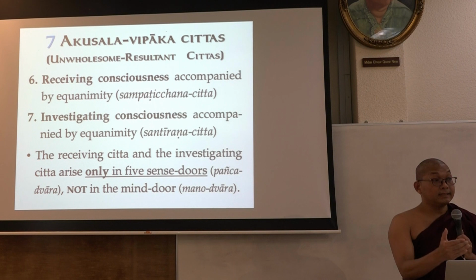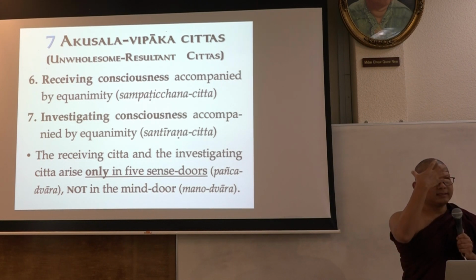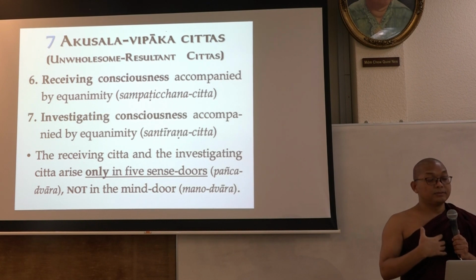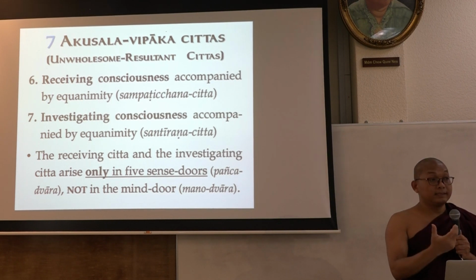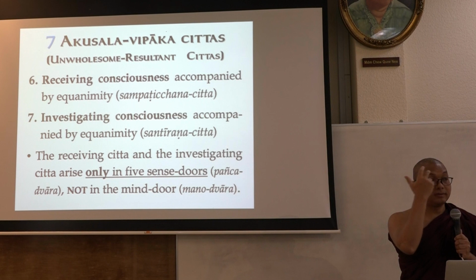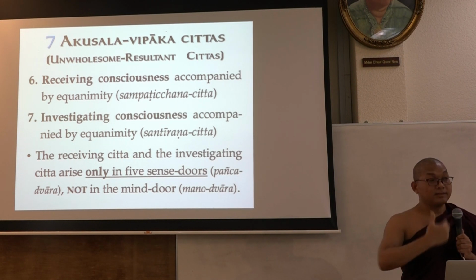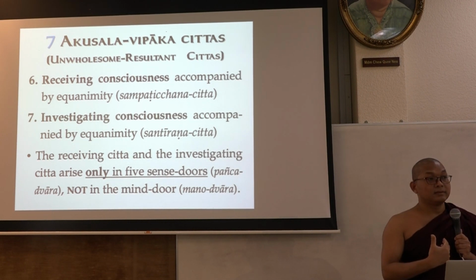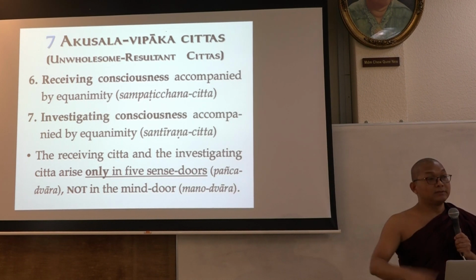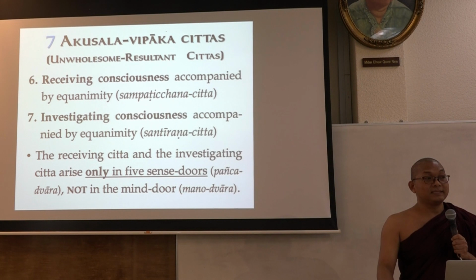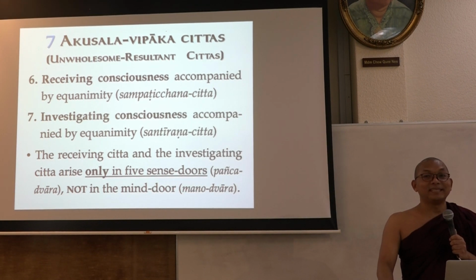Abhidhamma tells us based on our senses: eye door, ear, nose, tongue, body, the physical doors. Therefore, we have only 7. Thank you. Okay. Any question?